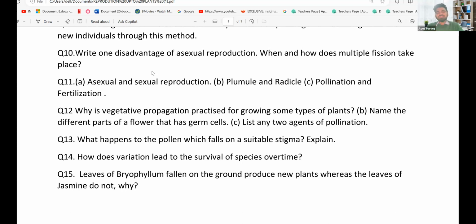Jaslyn, what is radical? Radical is the future root. R for root, R for radical.